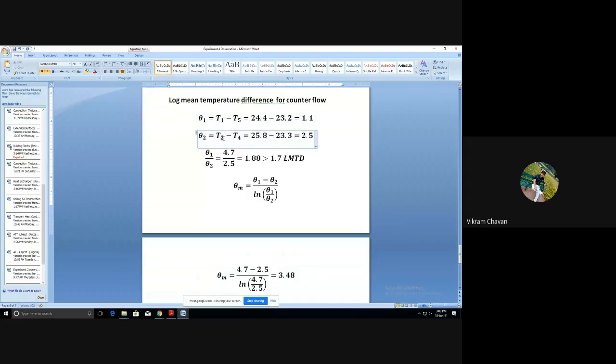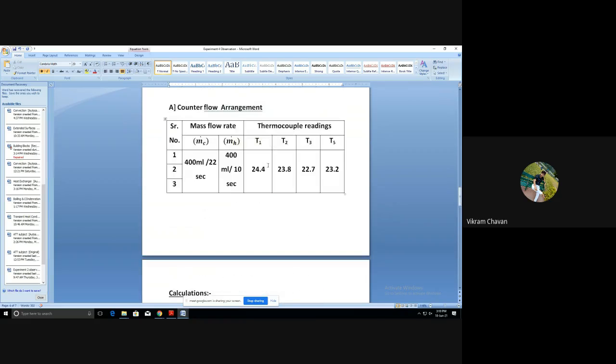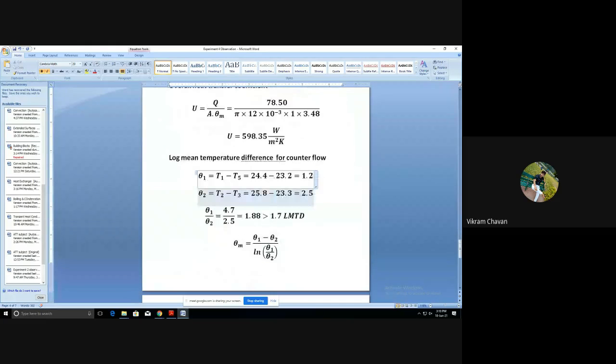Then T2 minus T3: T2 in case of counter flow is 23.8 and T3 is 22.7, so it will be 1.1.